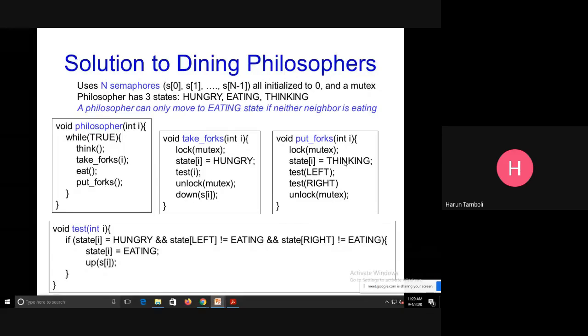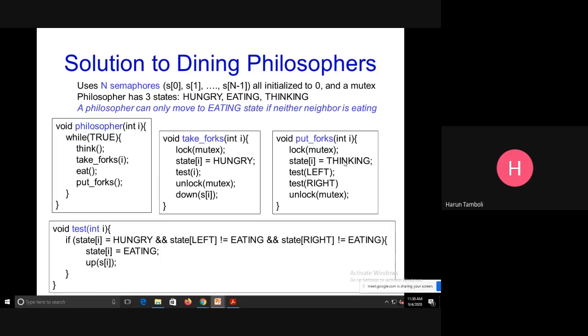Then when they are feeling hungry, they will call the function take fork. In take fork, first perform the lock on the mutex variable. You will see the status was thinking. Now it is updating the status to hungry, and then it will call the function test.